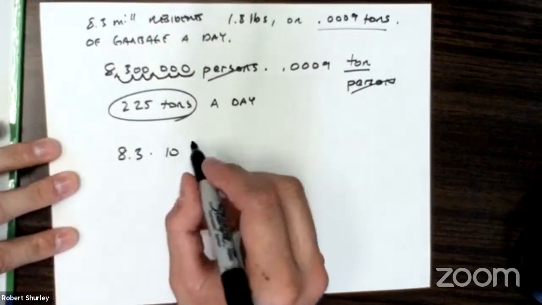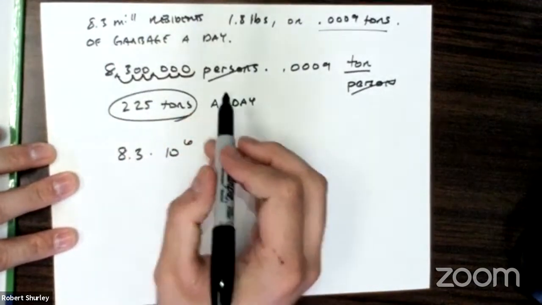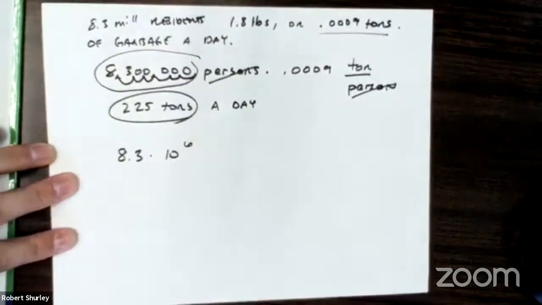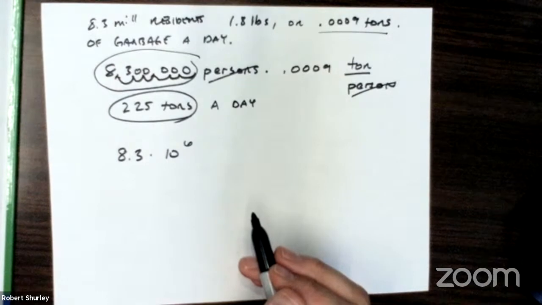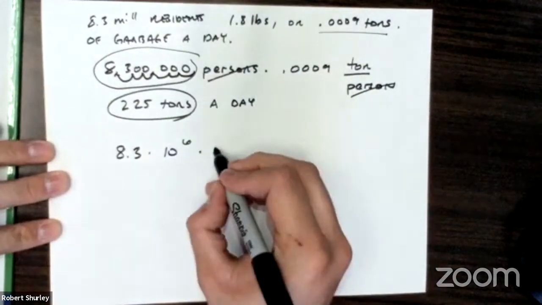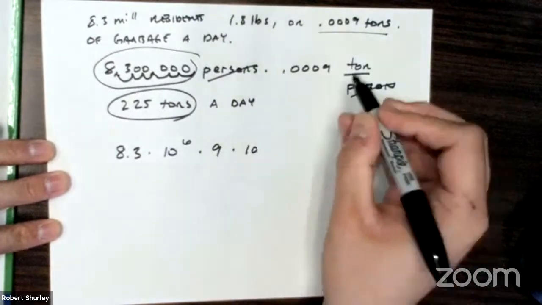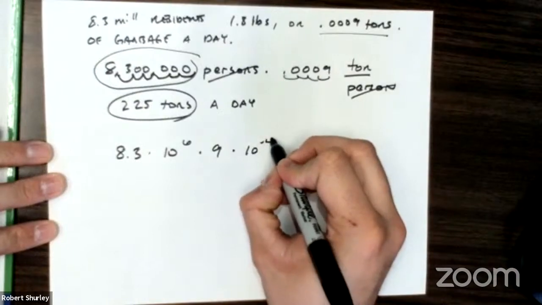I need it to be a positive 6 because it's bigger than 8.3, right? 8.3 times 10 to the 6 becomes our 8.3 million. And then 0.009, that would be 9 times 10 to the, now we're going to have a smaller number, right? 1, 2, 3, 4. So negative 4.